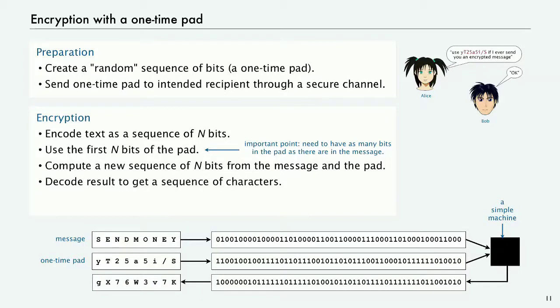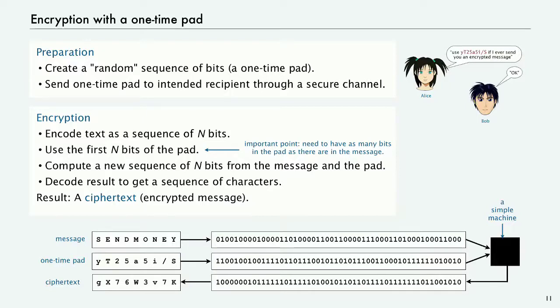And that's going to produce a sequence of bits, again, n bits. And then we can take that sequence and take 6 bits at a time and get a sequence of characters. That's the encrypted message that we're going to send out in the clear, and even assume that the eavesdropper can see that message. That's called a ciphertext. So that's the encryption process.